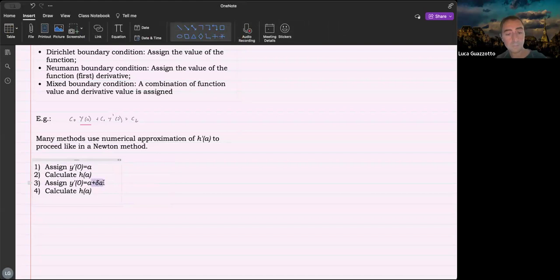I'm going to assign a value, instead of the value, started from a value that's a little different from that original value.